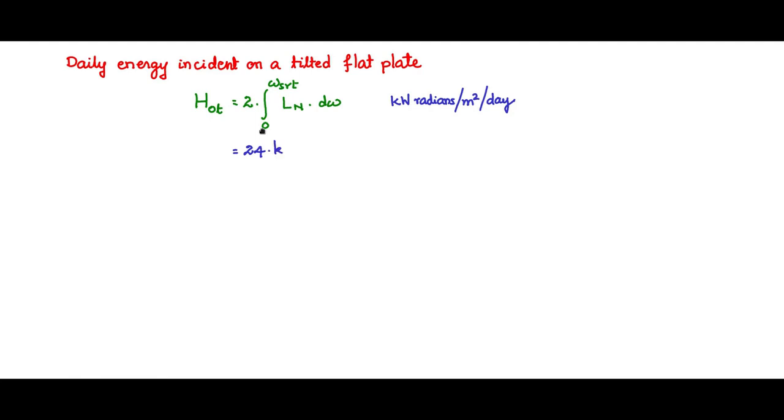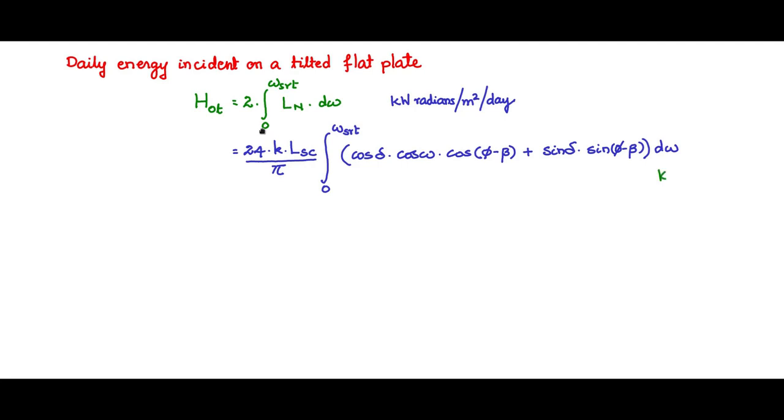Now you have 24 K LSC, LSC is the mean solar constant, by pi, integral of 0 to omega SRT, and Ln we can expand: cos delta, cos omega, cos phi minus beta, which is the tilt angle, plus sine delta, sine phi minus beta. Now this would be the energy expressed in kilowatt hours per meter square per day, because we have used the 12 by pi conversion factor. K and LSC have their usual meanings.